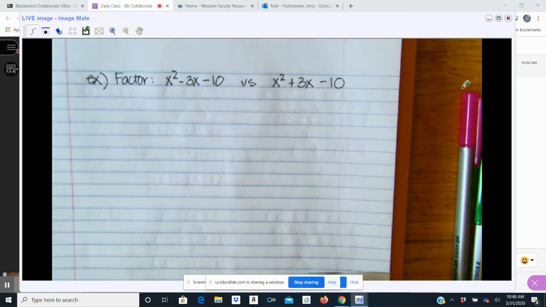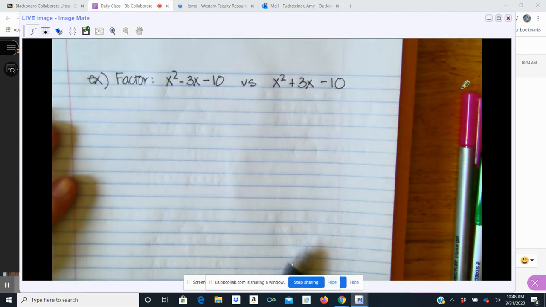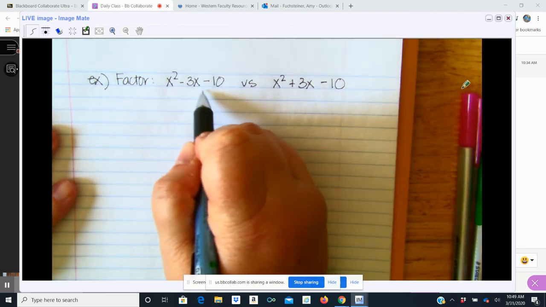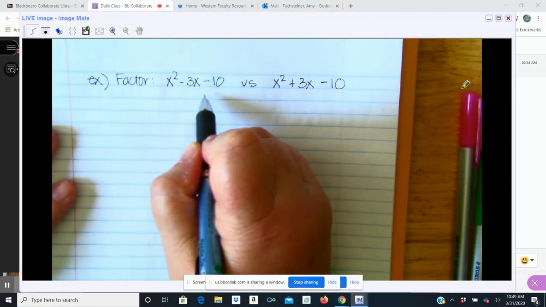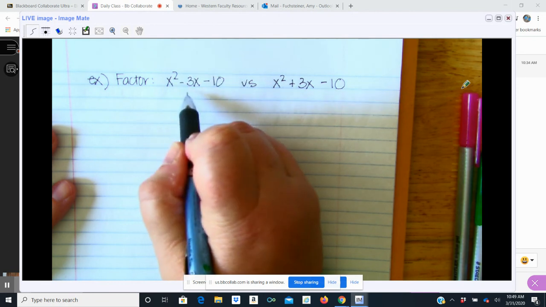All right, so here are two that are essentially the same. We've got an x squared minus 3x minus 10, and we've got an x squared plus 3x minus 10. So in the first one, what two numbers will multiply to give us a negative 10, but when we add them, we get a negative 3?